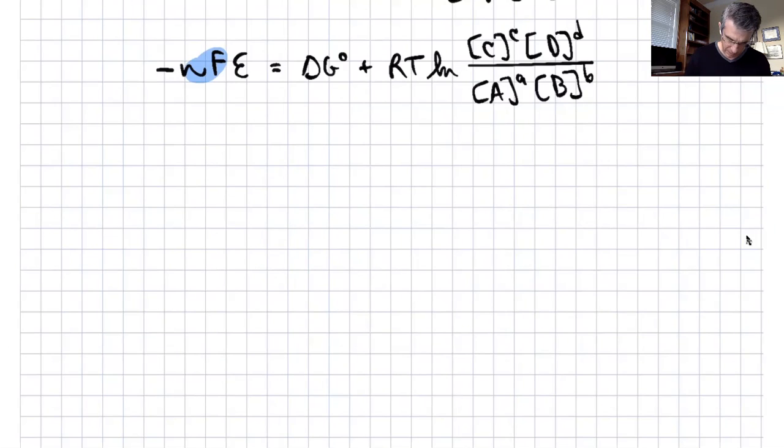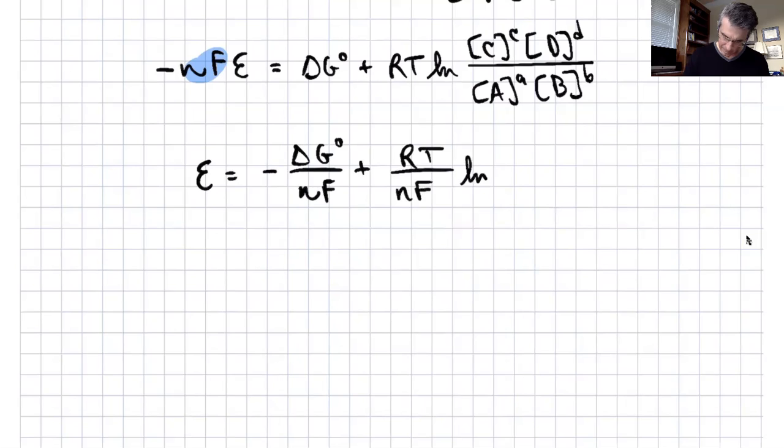So we do that, and it's really sort of easy. We end up with delta G naught over NF plus RT divided by NF, natural log of our species distribution here.